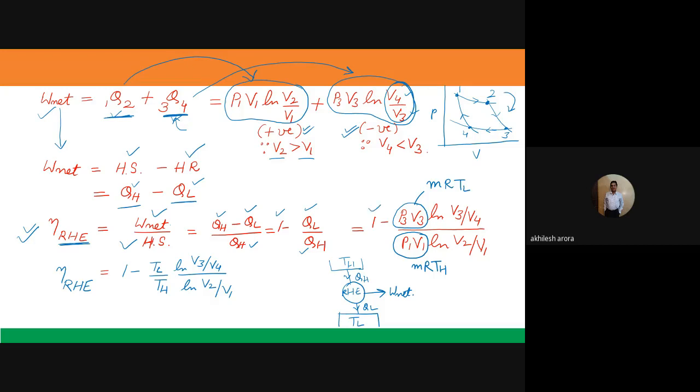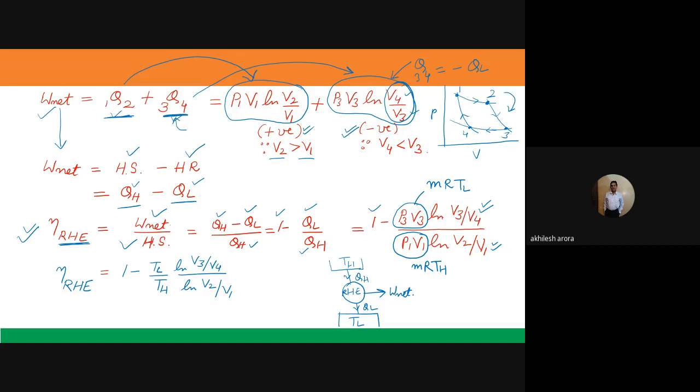The value of Q3 to 4 is equal to minus QL. So QL will be equal to P3 V3 log natural V3 by V4, and in the denominator we have P1 V1 log natural V2 by V1. This is the value of QH or Q1 to 2.